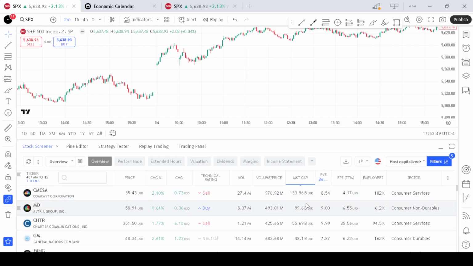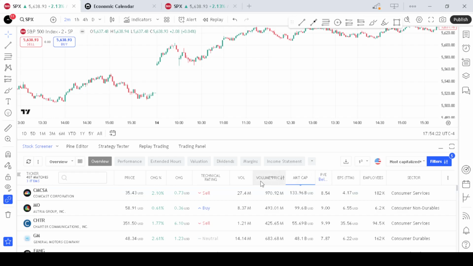Overall, the TradingView stock screener is a versatile tool that can significantly enhance your trading process by helping you identify stocks that align with your trading strategy, whether you are a day trader, swing trader, or a long-term trader. So let's see how we can implement the TradingView Stock Screener in a step-by-step tutorial.